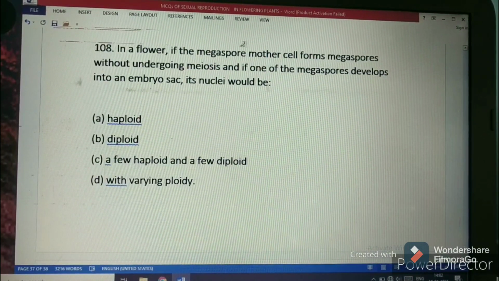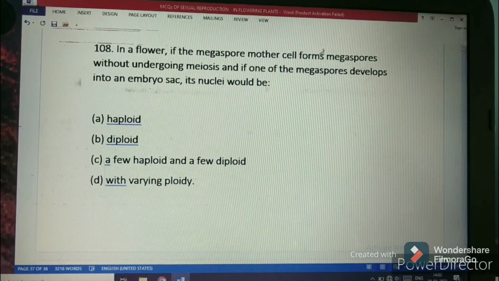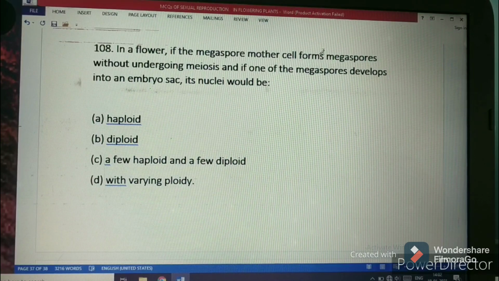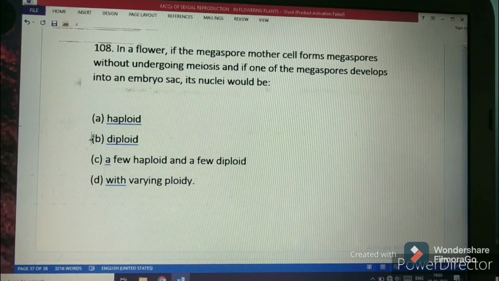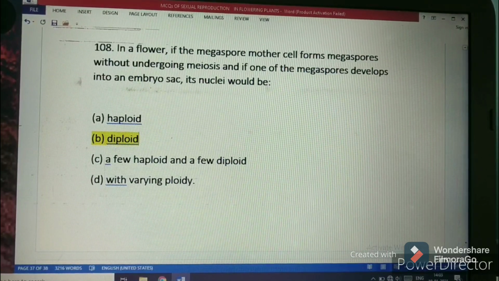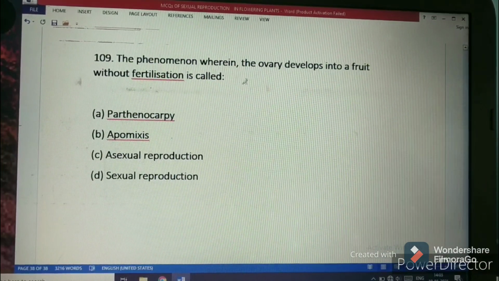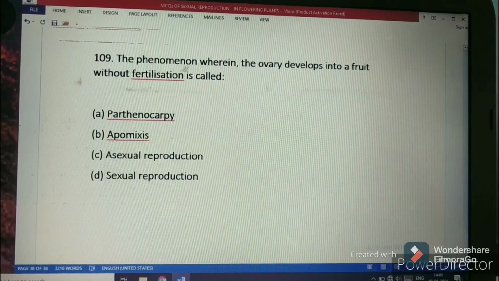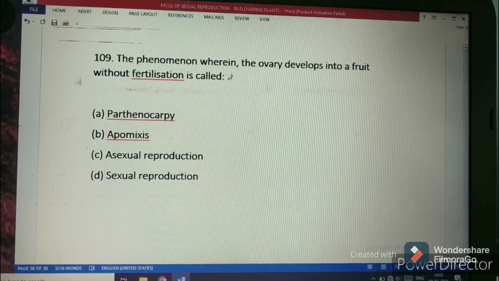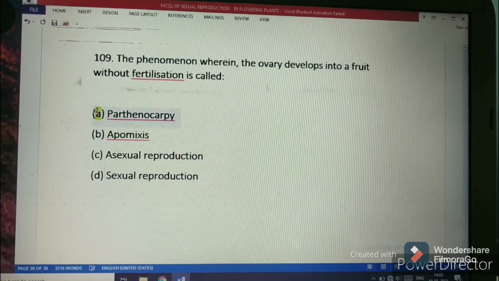In a flower, if the megaspore mother cell forms megaspores without undergoing meiosis, and if one of the megaspores develops into an embryo sac, its nuclei would be diploid. The phenomenon wherein the ovary develops into a fruit without fertilization is parthenocarpy.